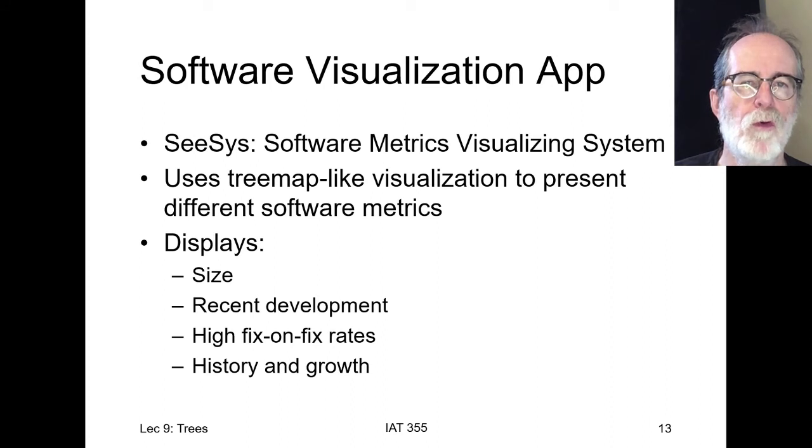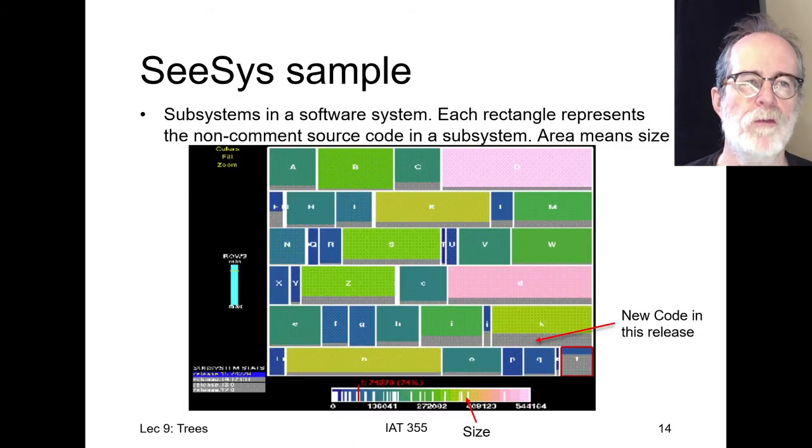Fix rates means you fix a bug, you think you fixed it, and somebody else fixes that bug fix, which happens now and then. Even this thing I'm using today, OBS, had a bug fix and a bug fix in its update recently. The other thing it can show is history and growth, but its primary purpose is to depict size and where changes have happened. So here is the CSys sample.